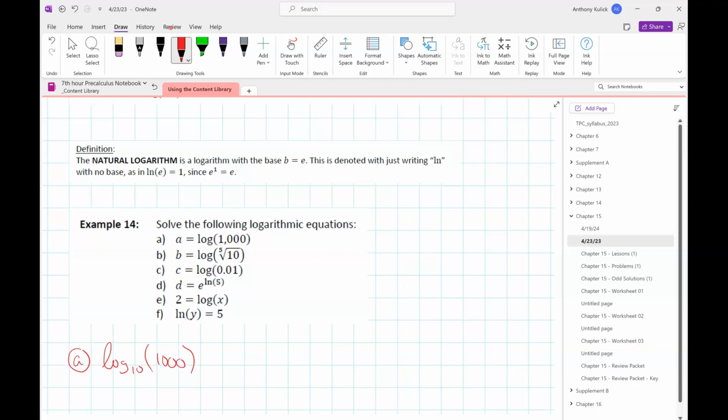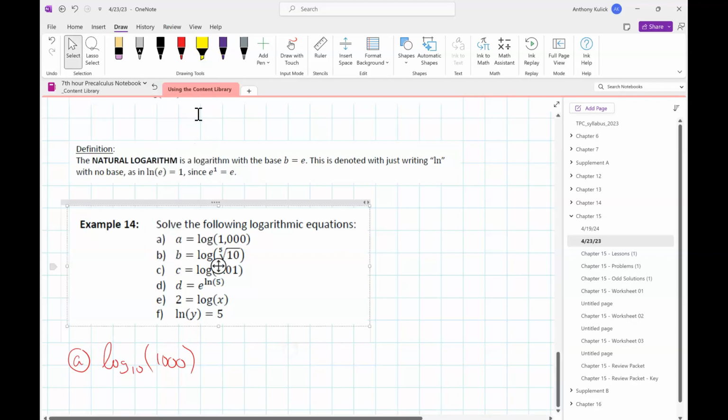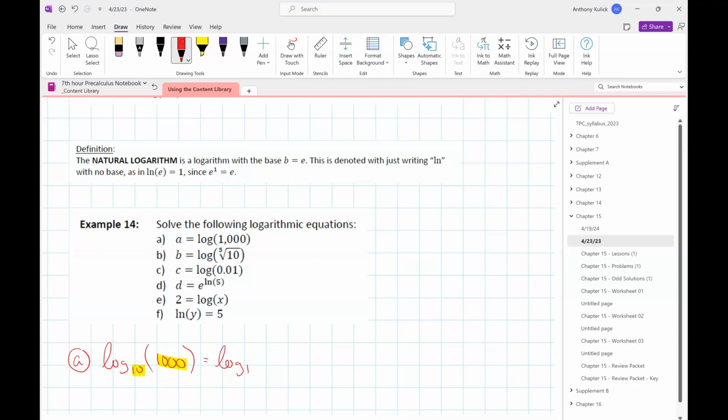Well, when I look at that, I recognize that when I write log with no base, that means the base is 10. So if I have log of 1,000, what I want to do is find a way to rewrite 1,000 as a base 10 number. So 10 to what power is 1,000?